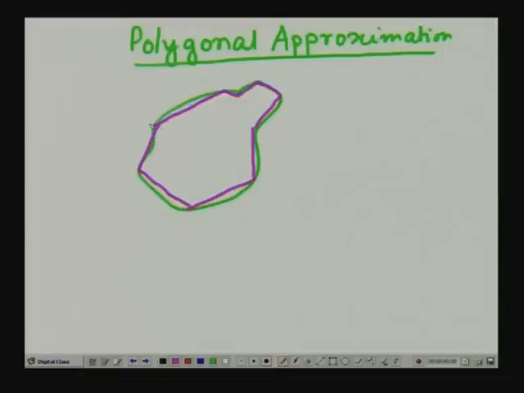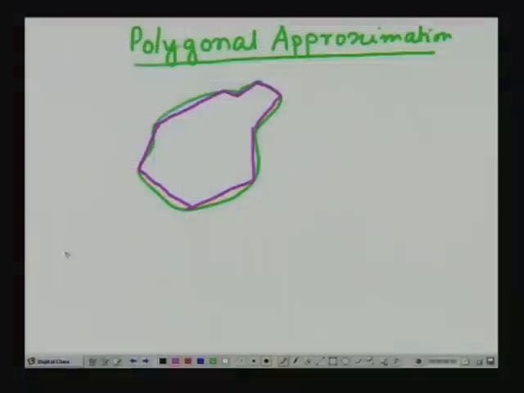The polygon shown in pink color is a polygonal approximation of this given boundary. Now, let us see how we can obtain such a polygonal approximation. One of the polygonal approximations that we will discuss first is what is called the minimum perimeter polygon.